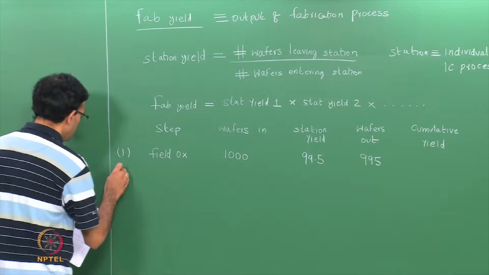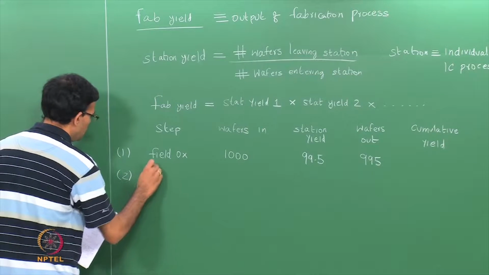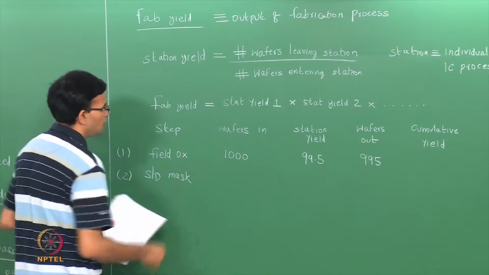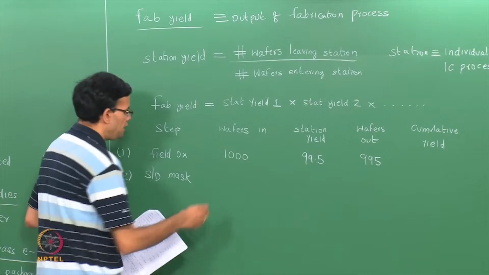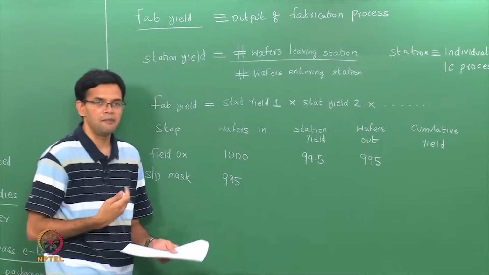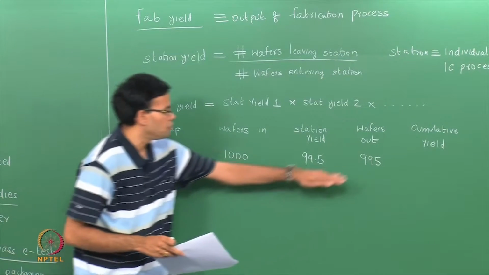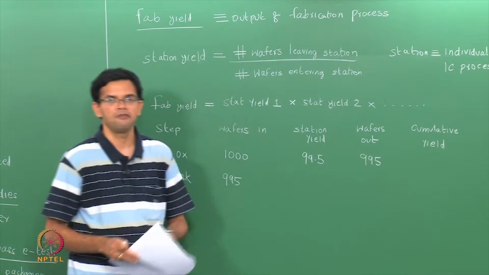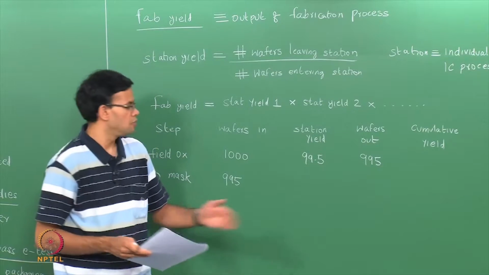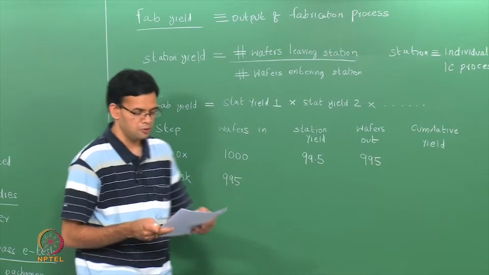The next step is forming the source and the drain mask. So, we start with 995 wafers, because remember this is an assembly line process. So, after the first step, the wafers that come out of the first step go to the next step, those that come out go to the next step, and so on.